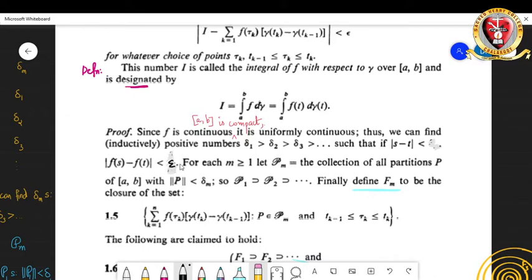This is epsilon and this is delta. This is what we are saying: f is uniformly continuous. That means for every epsilon greater than 0, we are able to find a delta greater than 0 such that whenever modulus of s minus t is strictly less than delta, we will have modulus of f of s minus f of t strictly less than epsilon. That is what uniform continuity of f makes us understand.